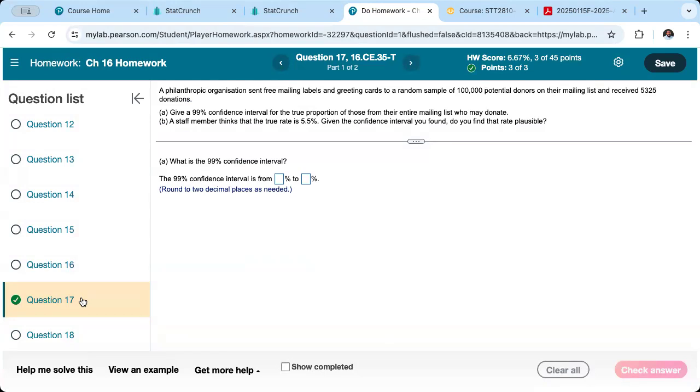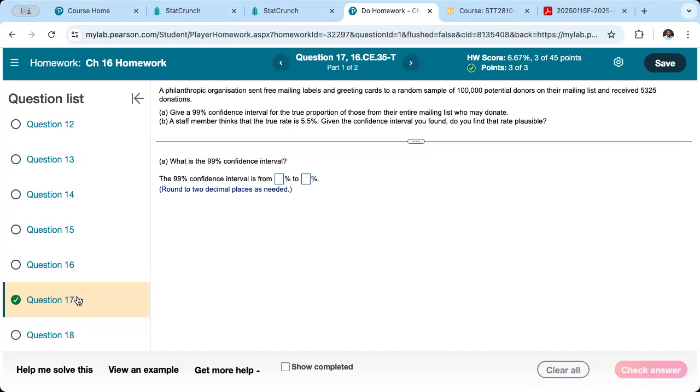Let's try to focus on mine, and then you could also do yours. Now, what is N? What is the sample size here? 100,000, right? Okay. So N is 100,000. Good. Now, what is the number of successes here? Okay, 5,325.